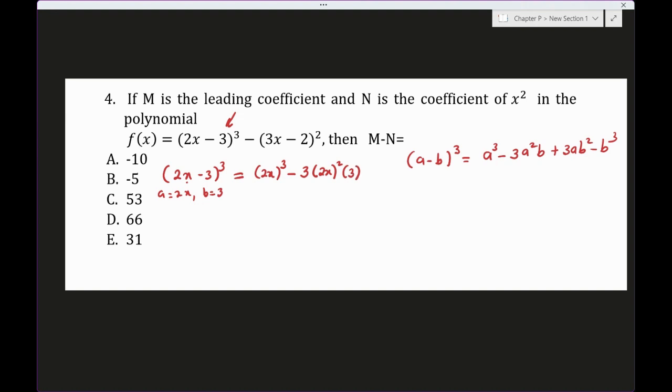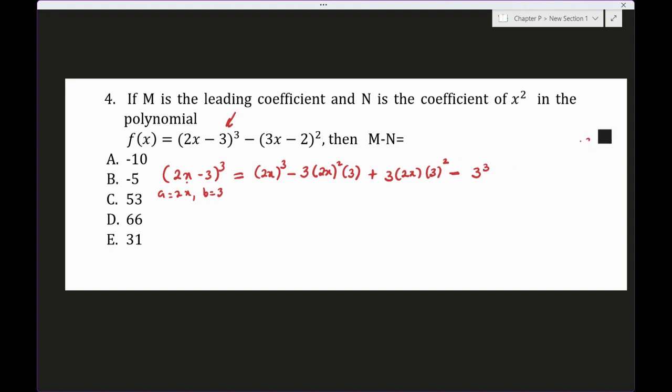Then here we'll put 3, then from the formula you have minus, then you have plus 3. Then the power of a will reduce. The power of 3 will be squared. Then finally, you have minus b cubed, which is just going to be 3 to power 3.